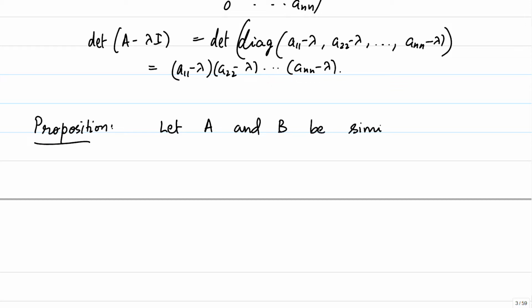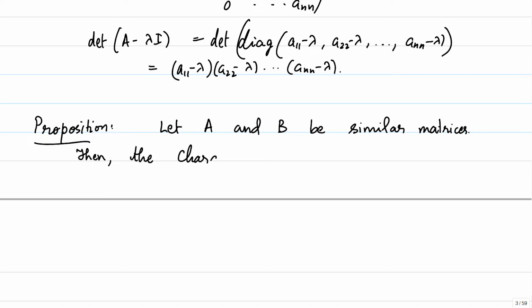Recall that A and B are similar if there exists an invertible matrix Q such that B is Q A Q inverse. Then the characteristic polynomial of A is the same as the characteristic polynomial of B.